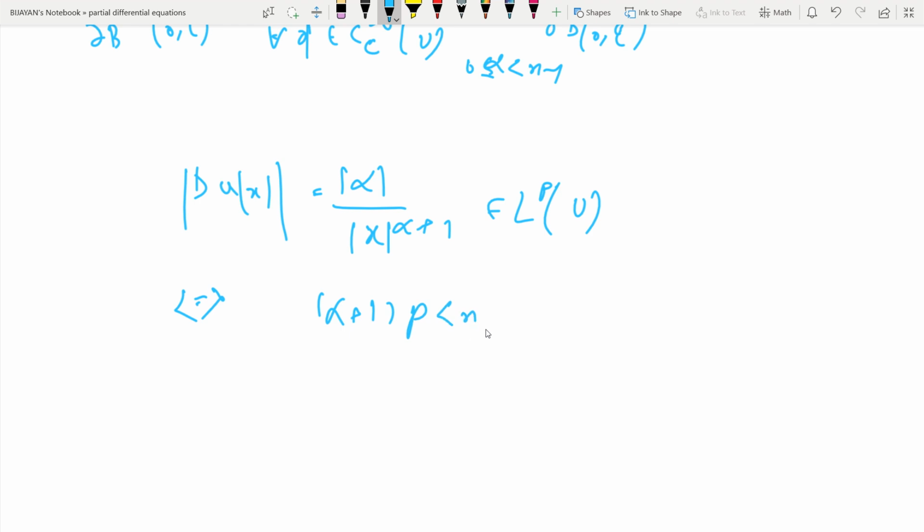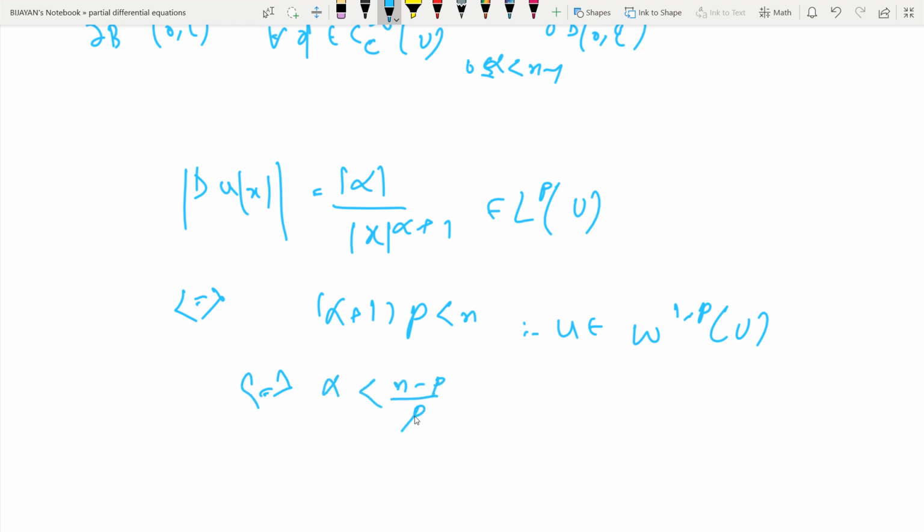Therefore, u belongs to W^{1,p}, that is, it is a Sobolev space, if and only if alpha is less than (n minus p) by p.